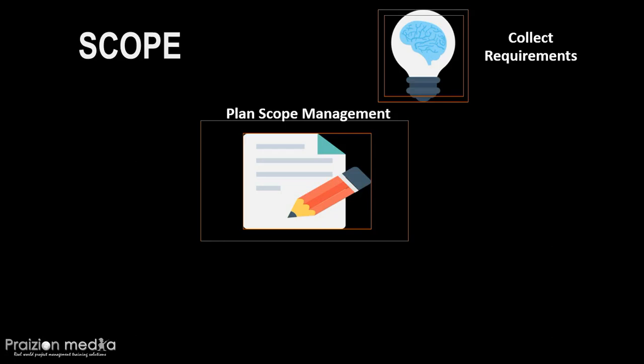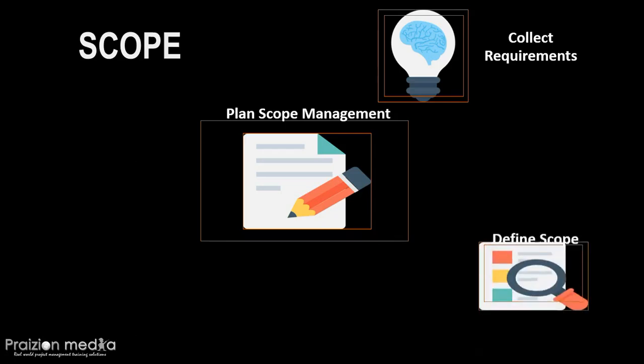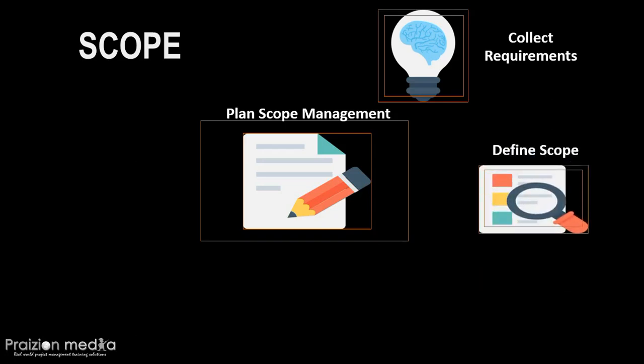After these requirements have been collected, the next step will be to define the work that is needed to deliver the requirements. I've found students confusing collect requirements and define scope, but they are actually two different processes.